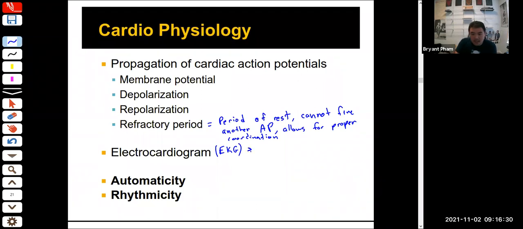Now an EKG only measures the heart's electrical events. Okay, so it measures things like depolarization, repolarization, etc. Does an EKG measure muscle contraction?